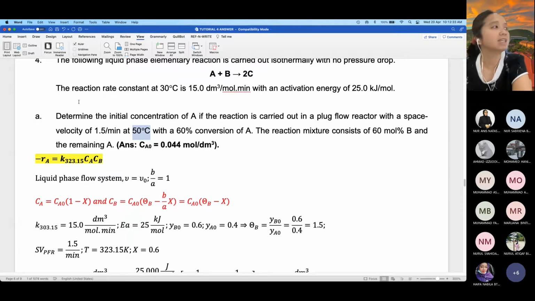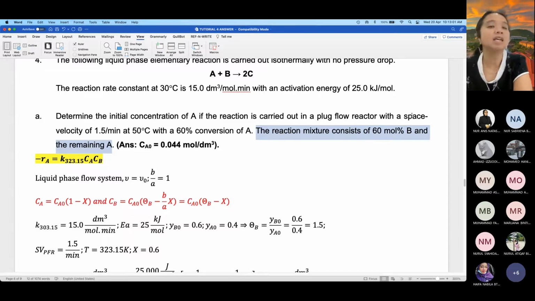Okay. So next, dia kata conversion as 0.6. So always remember, when conversion is given in percentage, you always have to convert into fraction. So X is 0.6. Okay. The reaction mixture consists of 60 mole percent B and the remaining A. So dia beri kita sekarang initial mole percent or kita boleh tukar kepada mole fraction kan.